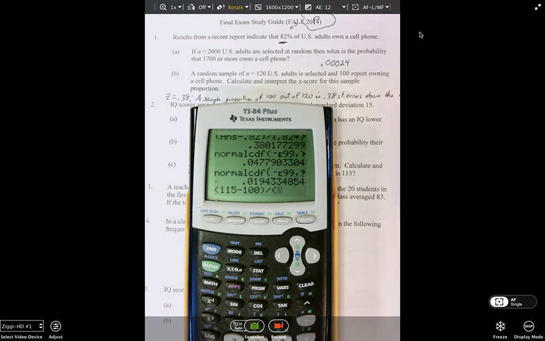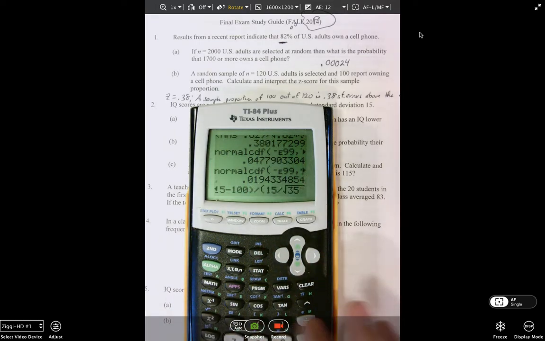Now, guys, I have to put the denominator in parentheses, otherwise we get an order of operations issue. So I have to take 15 divided by the square root of 35, and then I've got to hit the arrow and close that up. Guys, if I don't do that, I get an order of operations issue.